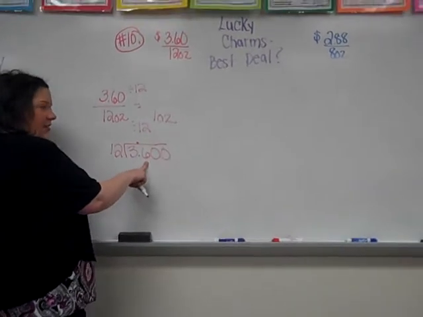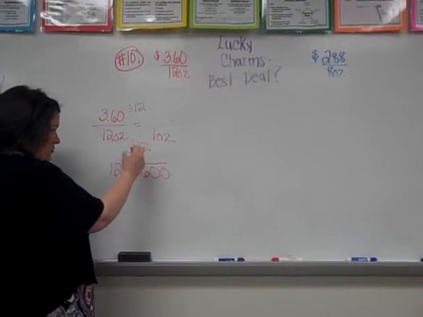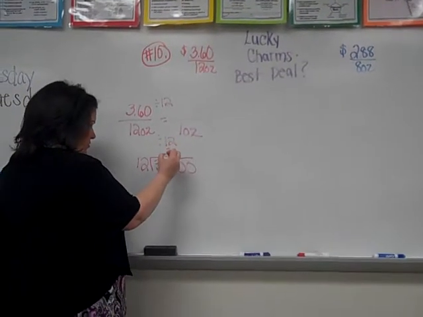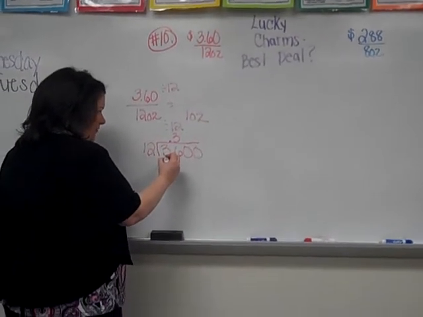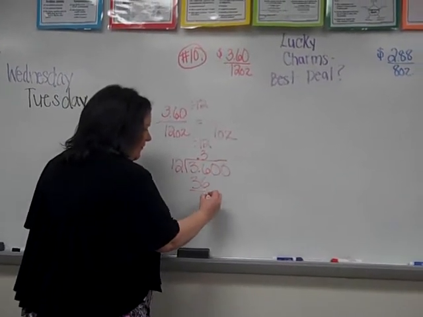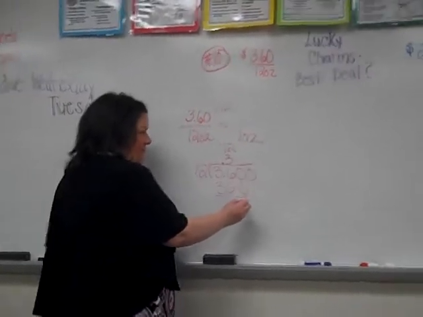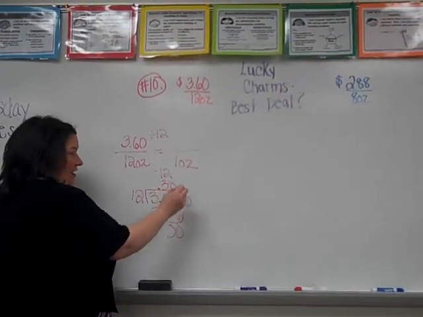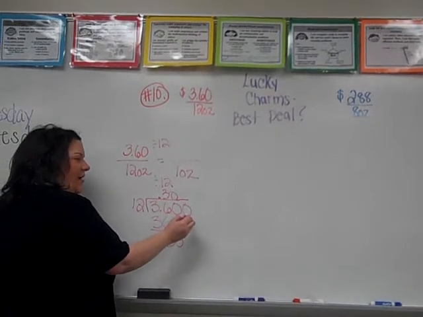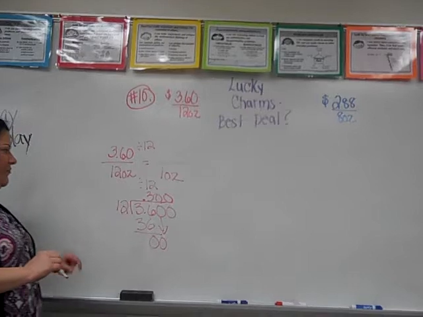12 can go into 36, 3 times 12. Sorry. Monday morning. And that's 0. And how many times can 12 go into 0? And then we have no remainder, and the rest of the digits are 0, so we could just put another 0 there.